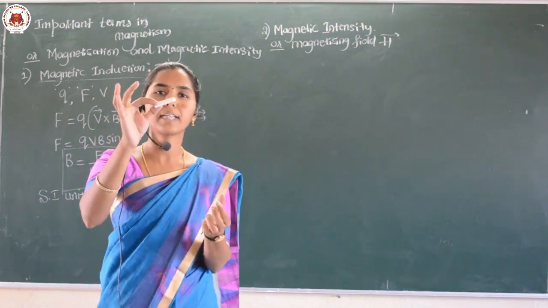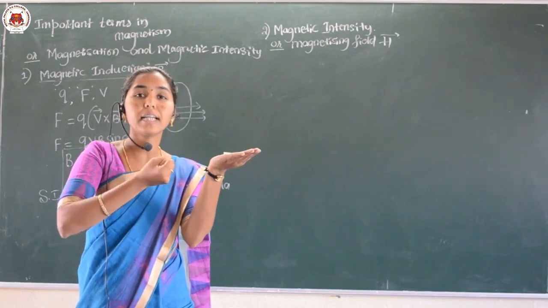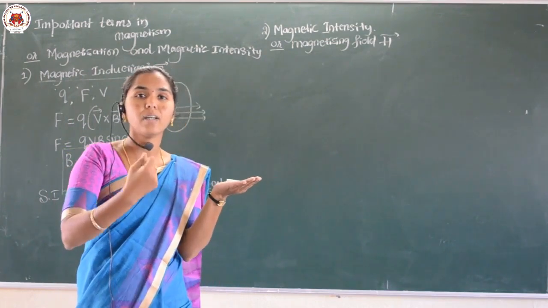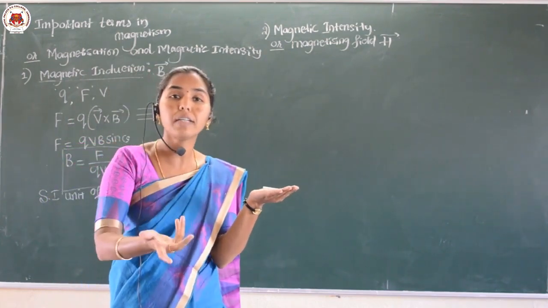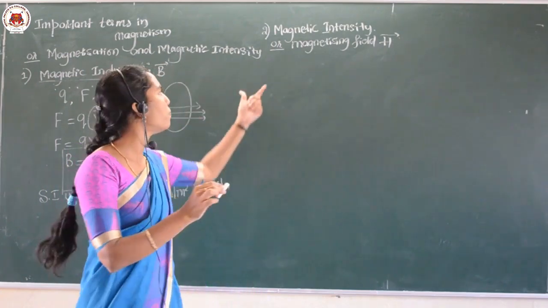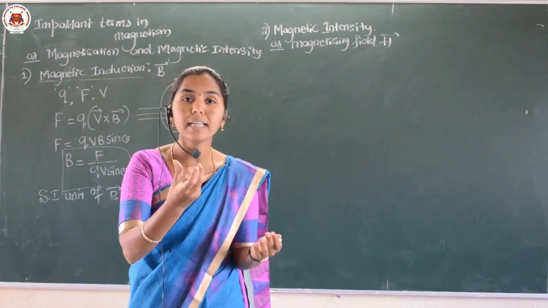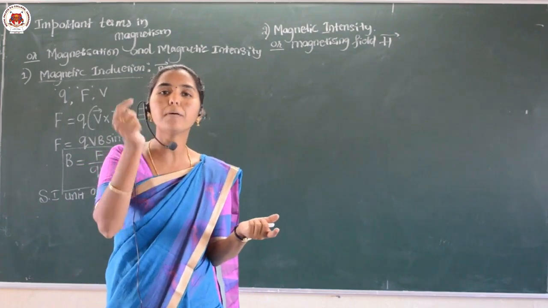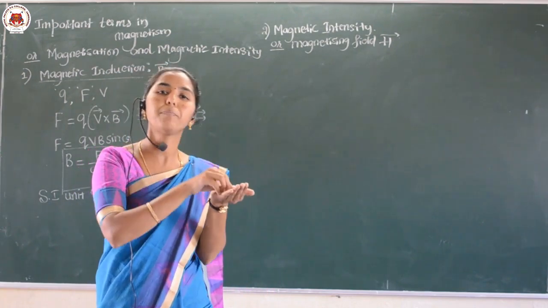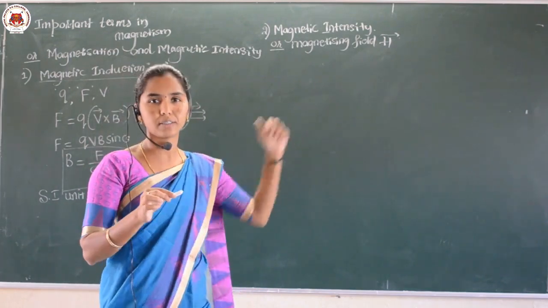Assume a material kept in a magnetic field; after some time it gets magnetized. The capability or capacity of the magnetic field to magnetize a material kept in it is called the magnetizing field H.